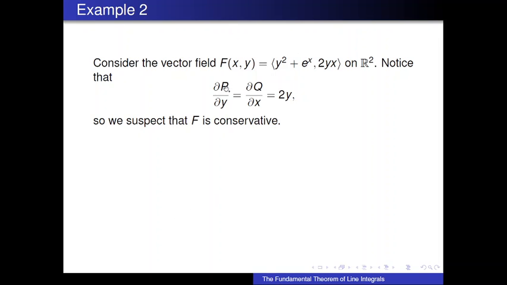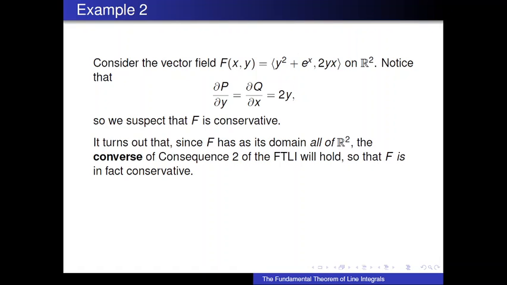The partial derivative of P with respect to y is 2y, and the partial derivative of Q with respect to x is also 2y. Now, we don't learn anything here. We suspect that maybe F might be conservative because of this, but the implication does not work that way. So we cannot conclude that yet.